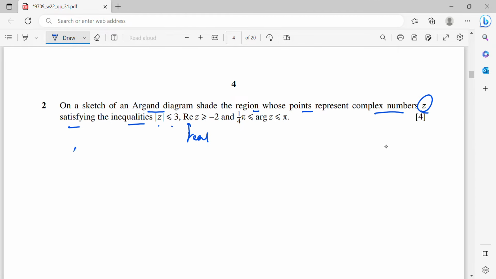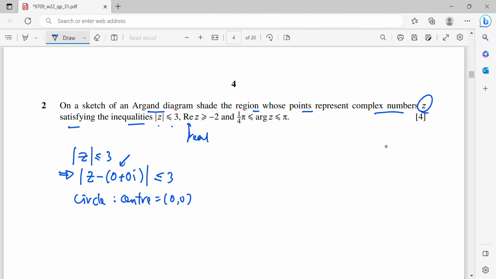So now, for your information, this modulus z less than or equal to 3 is actually the inequality of a circle. Okay, so this is a circle equation with center 0, 0.